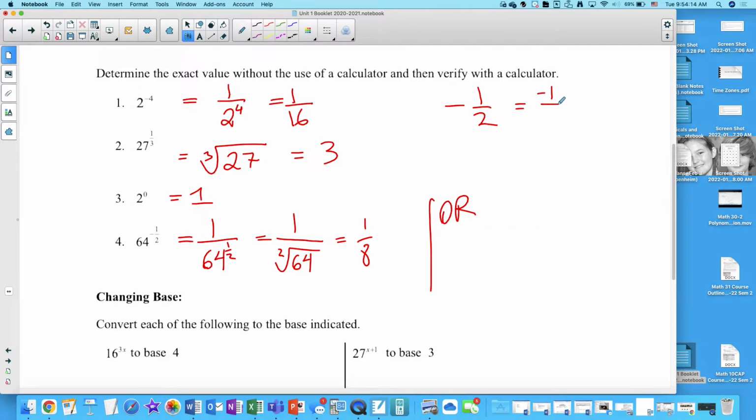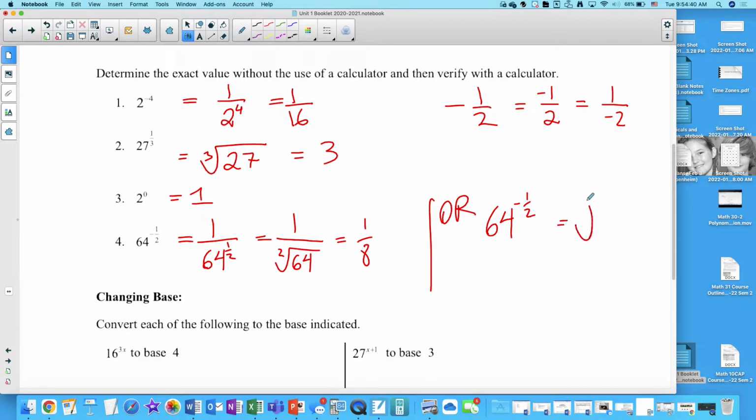So when you have a negative fractional exponent, what you need to think about is that the index is the denominator. That can't be negative. So you kind of have to go with this middle version, right? So if I'm taking 64 to the negative 1/2, then the index of 2 must be positive, and the negative 1 goes on the outside.